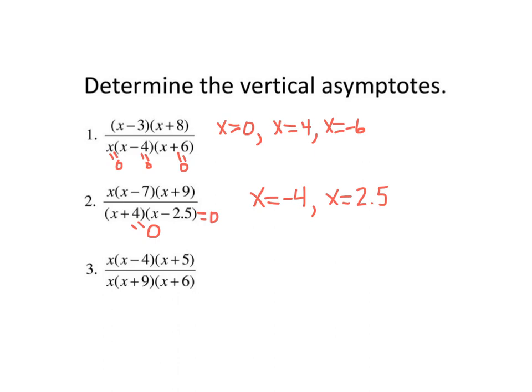Okay, on the third one, notice that your x's cancel, and so you don't have to set that one equal to 0, but you would want to set the remaining denominators equal to 0. So you would have x equals -9 and x equals -6.